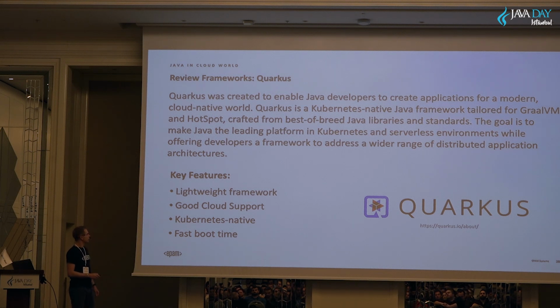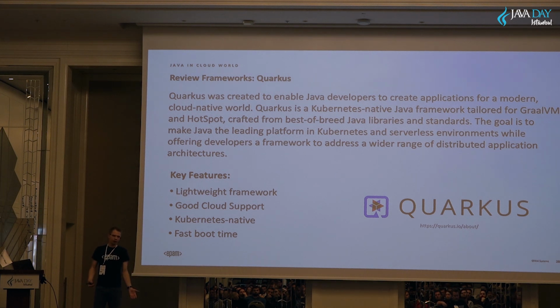I just would like to highlight that this is a very lightweight framework, has good support for the cloud, and actually it's a Kubernetes-native framework which works very well with Java, because Java loves Kubernetes. It has very good boot time, and you need to understand that we already have new frameworks, not only Spring. I believe Spring is still a good one, but with this talk I would like to say that we have other frameworks too.